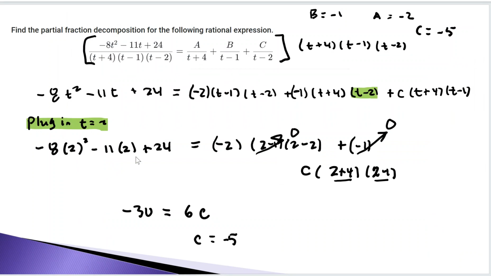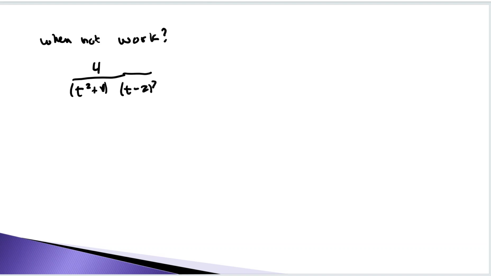Now, when will this not work? If you have irreducible quadratics on the bottom, so say I had maybe 4 times t squared plus 1, and let's put a repeated root in here, t minus 2 squared.